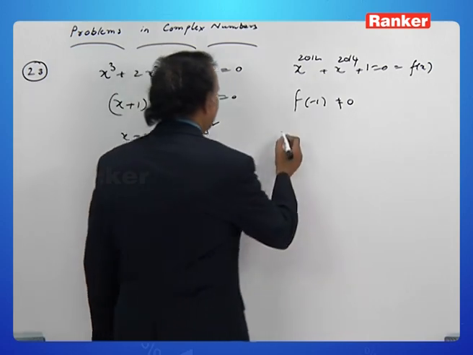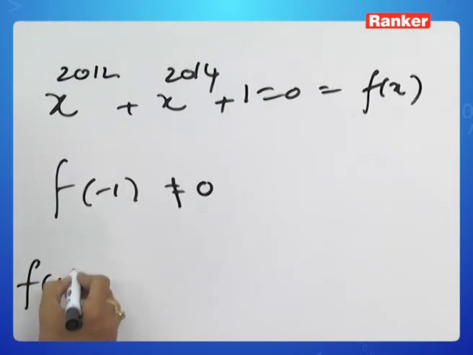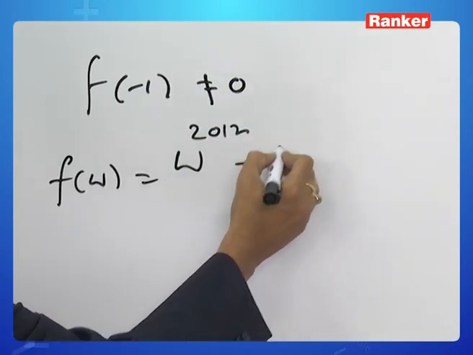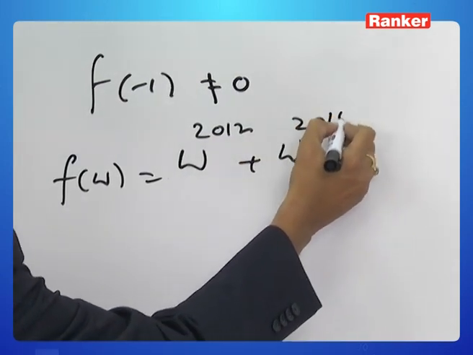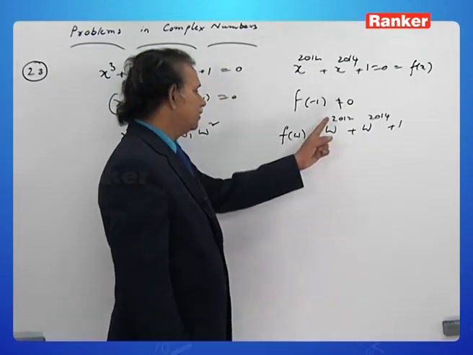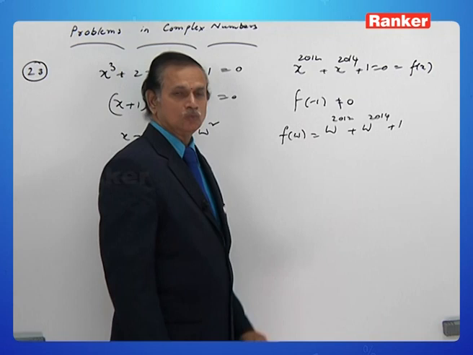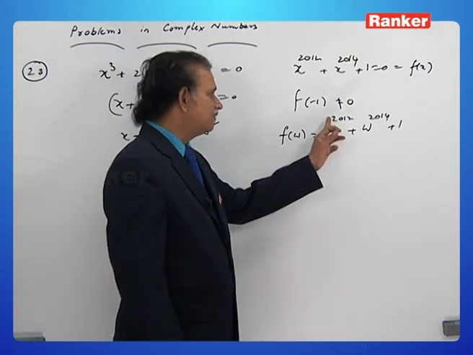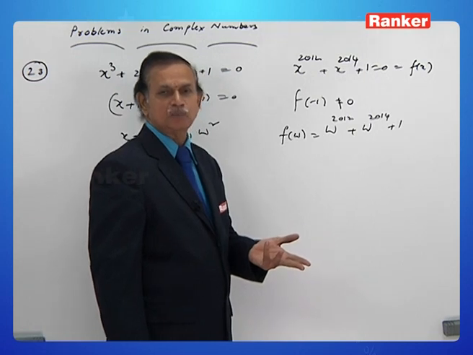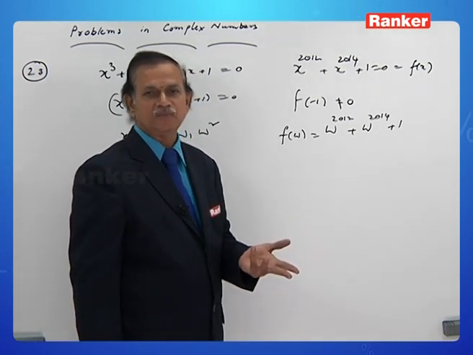Let us now have f of omega. What is f of omega? Omega power 2012 plus omega power 2014 plus 1. By the by, 2 plus 0 plus 1 plus 2 is 5. Sum of the digits is 5, which means it is not a multiple of 3.